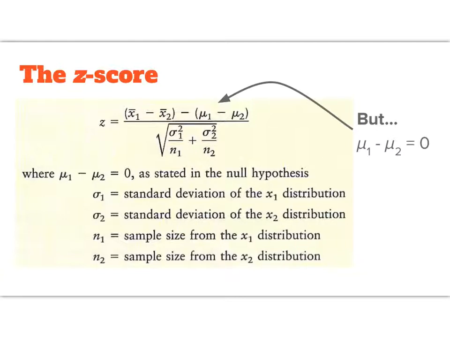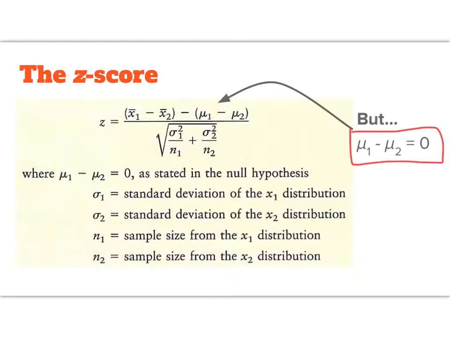To get the z-score, we've got a whole bunch of things to put in. First, we have that variable that we talked about before, x1 bar minus x2 bar. We want to subtract from that the difference between the means. But we're always assuming in these problems, and this isn't necessarily true in all statistics problems of this type, but for our purposes, we're always assuming that mu1 and mu2 are equal to each other.